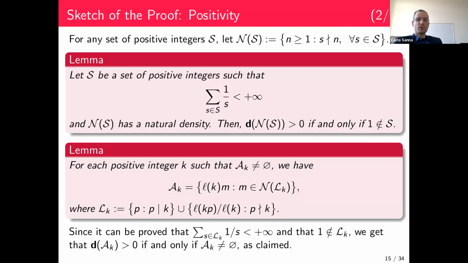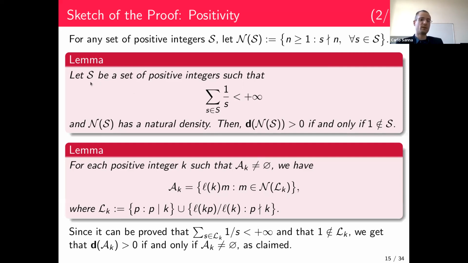For any set of positive integers S, let N_S be the set of all natural numbers which are not multiples of elements of S. So all the natural numbers which are not divisible by any element of S. And we have this lemma, which is due to several people independently. I guess one of them is Erdős, but I could be wrong.